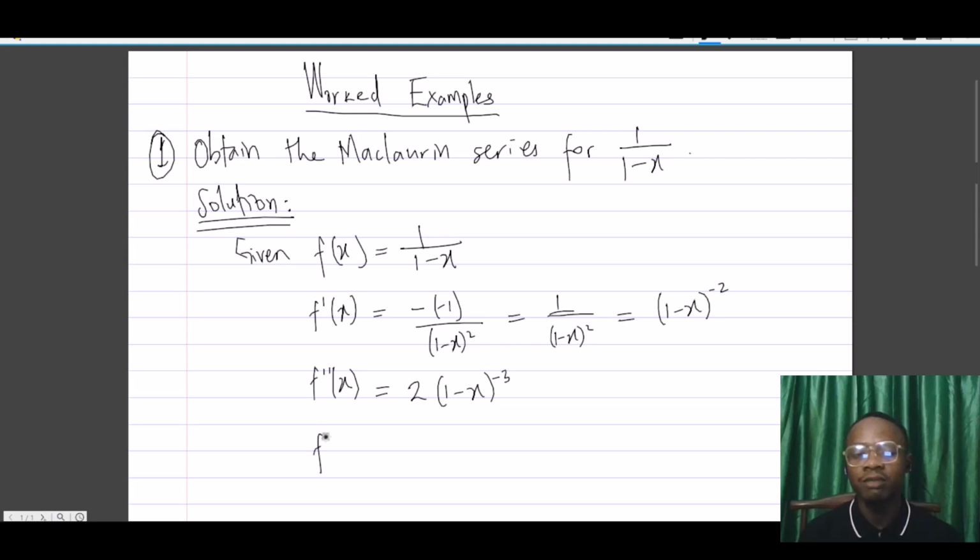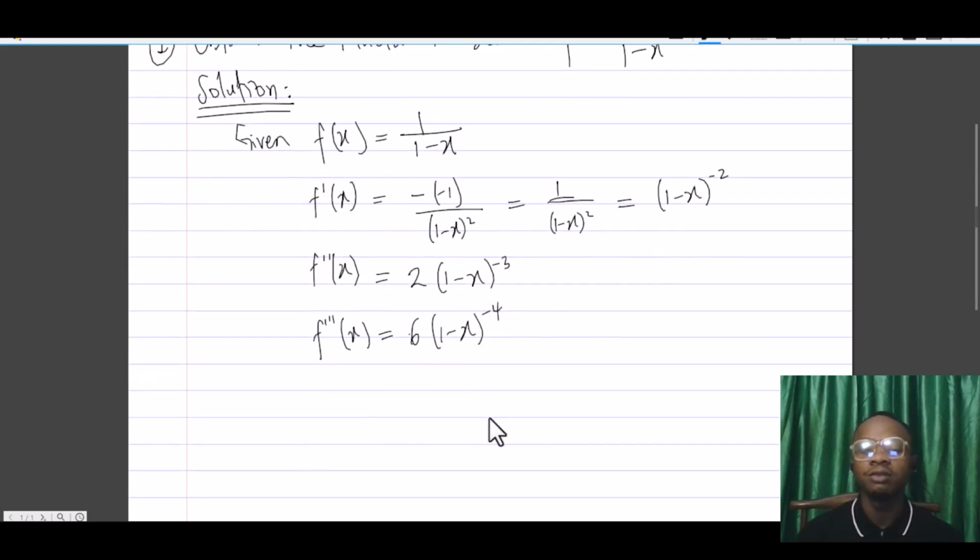The next one will be f triple prime of x. That will be 2 multiplied by minus 3. This minus 3 when brought down is multiplied by minus 1, so this is 2 multiplied by 3, basically 6 into 1 minus x to the power of minus 4. We just want to come up with a pattern that's easier to deal with.